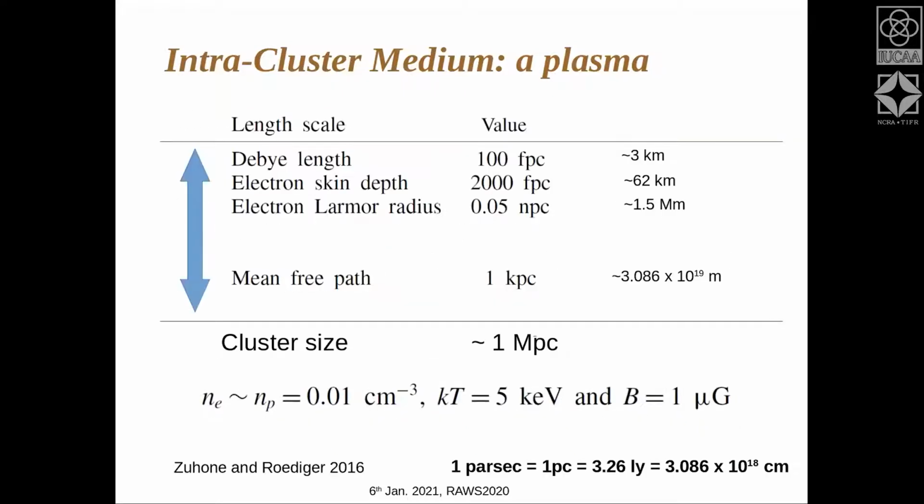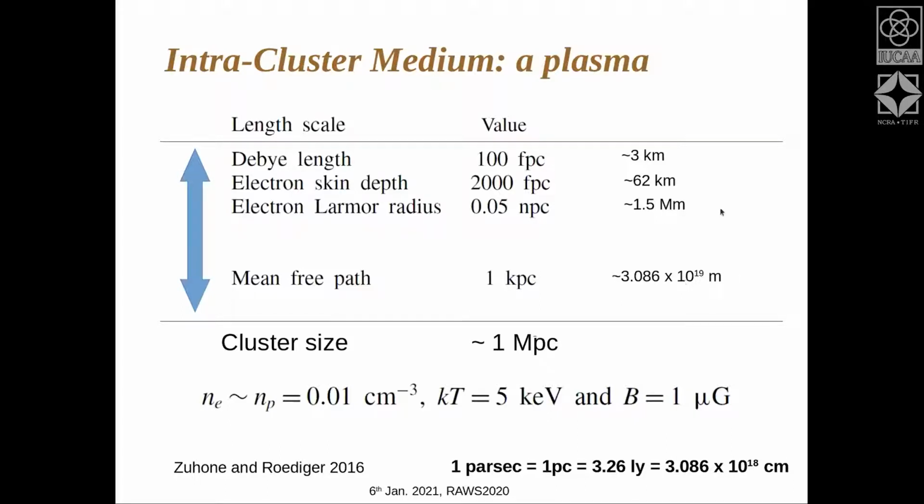All these values are given in this table, also expressed in units of femtoparsec or nanoparsec, and in kilometers and megameters, for you to imagine what kind of distances these are.